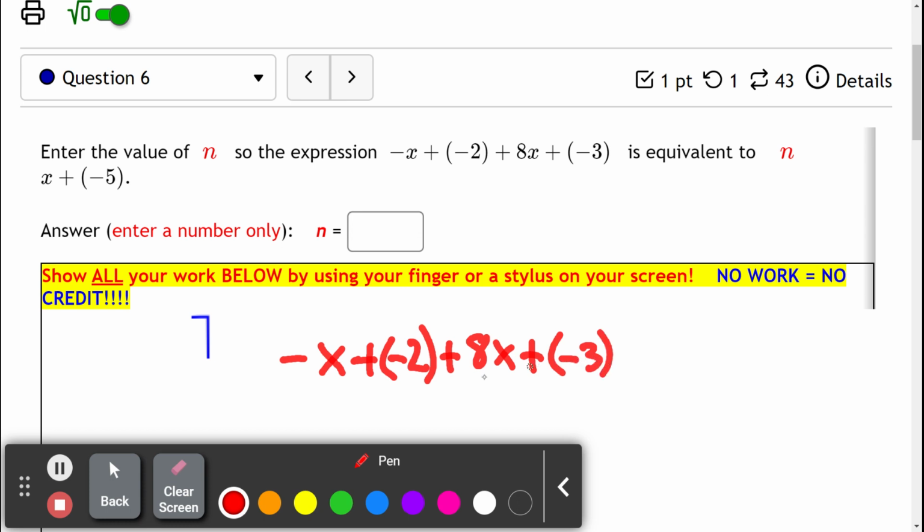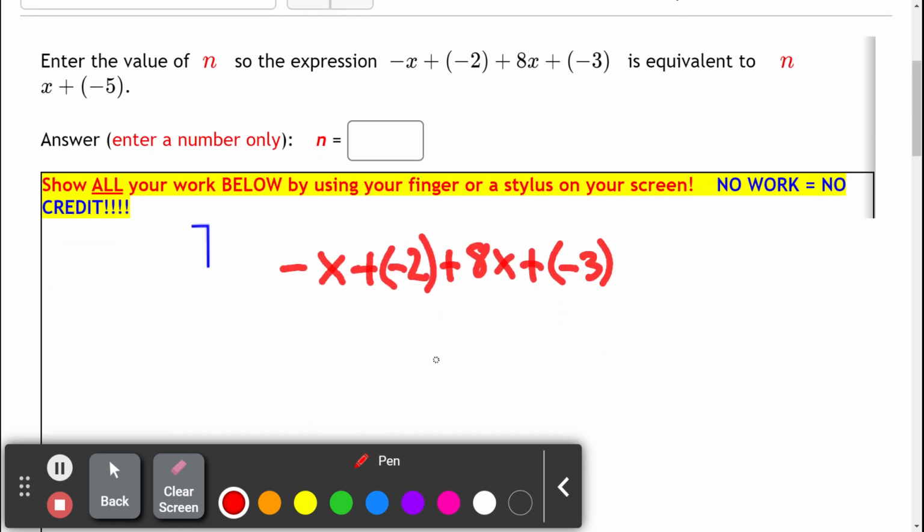If I put the -2 and the -3 together, that's -5. And that's exactly what we see up here.